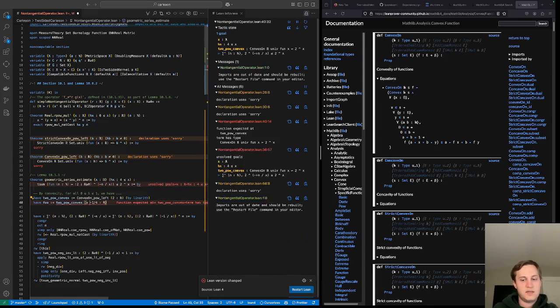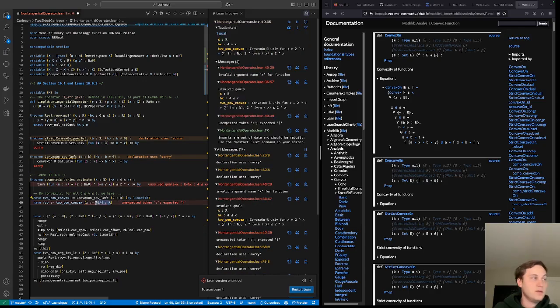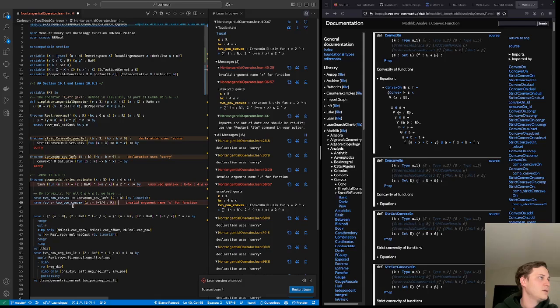Let's just do x, just to make sure that this is clear. Sorry, it's a real number, and it's enclosed like this. Convex on.